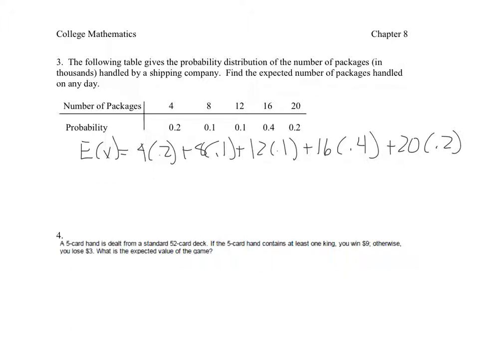So we're going to have to do all of that calculating. So I'm going to give you a second to work through that, and we will see what we would expect the average number of packages to be on any given day.